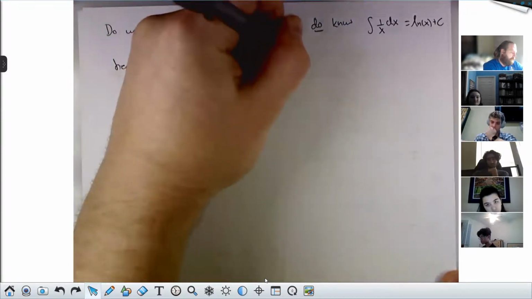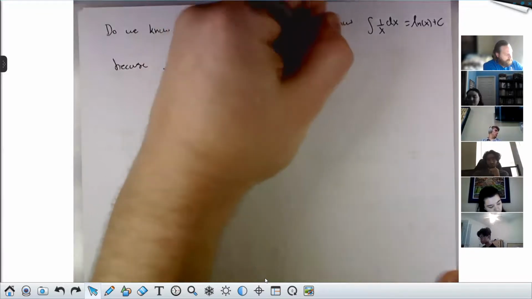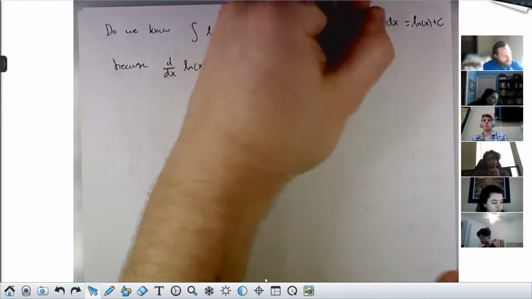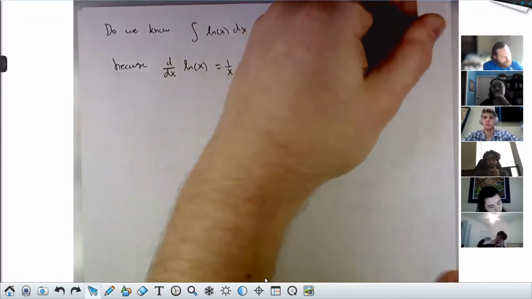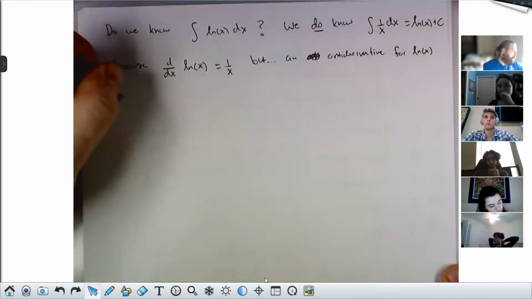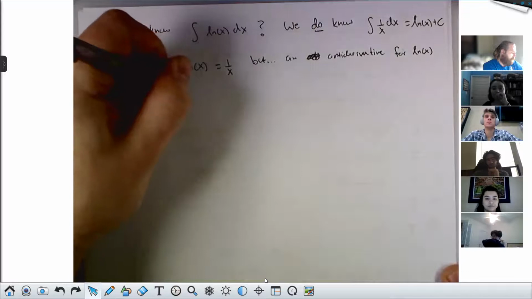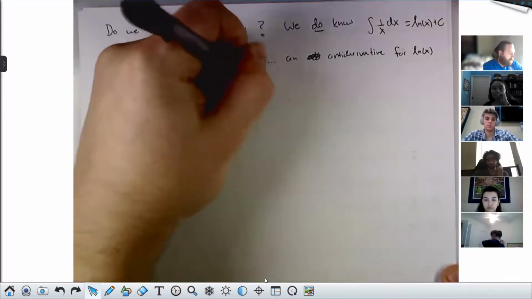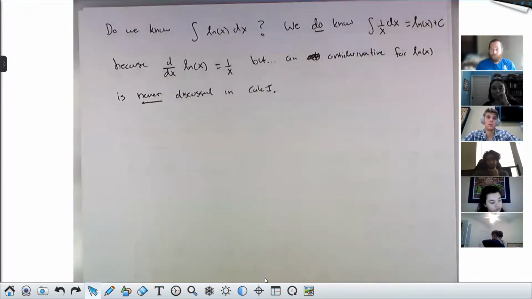But an antiderivative for ln x is never discussed in Calc 1. And there's a reason for that, because it requires integration by parts.